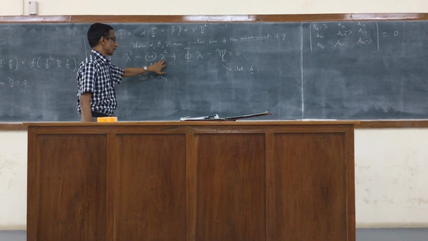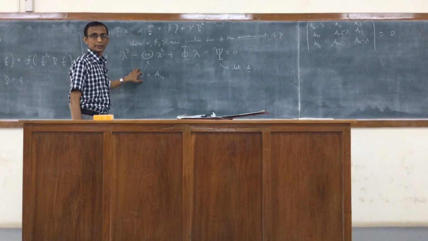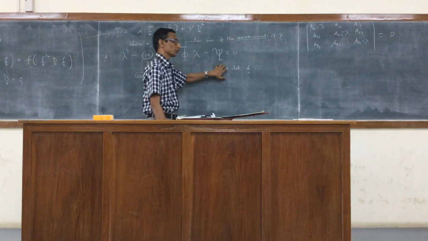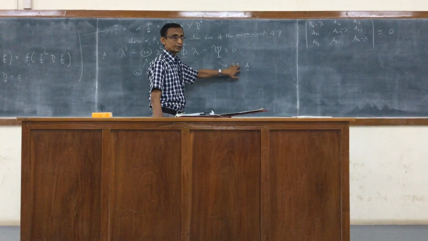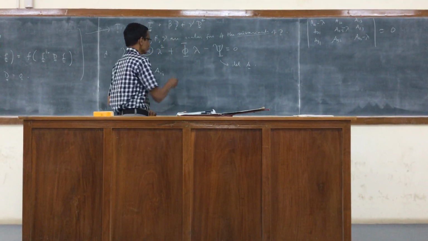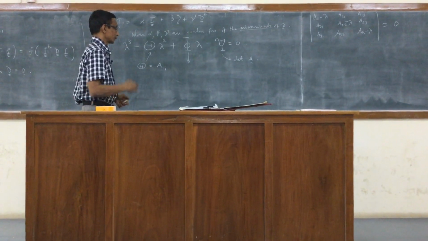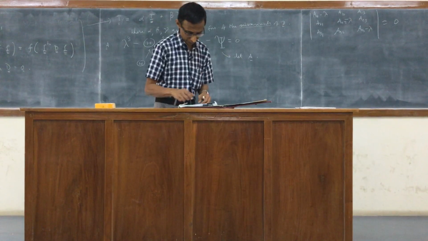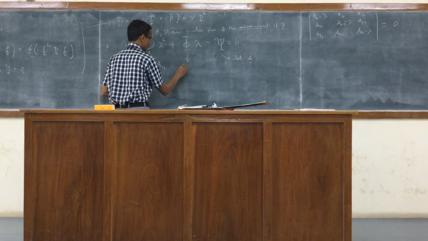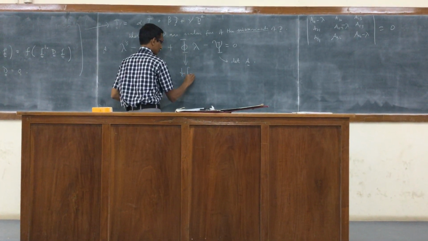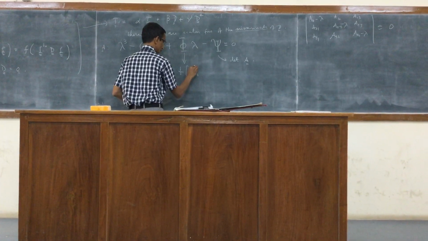So the coefficient of the lambda squared term would be the trace, and that of the constant term would be the determinant. This one, if we expand it out, you will get a certain form, but when you get it in compact form, it's actually half times the square.